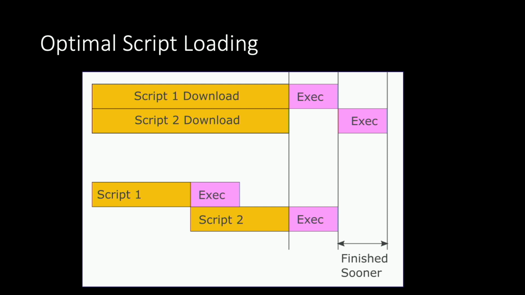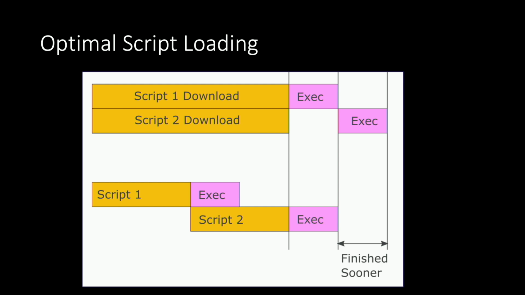And so for scripts in particular, when we're talking about resource loading at least, I'm going to be very opinionated, but there is an optimal way to load your scripts. And that is to load one script at a time in the order the parser is going to hit them, 100% of the bandwidth dedicated to each one of those scripts. Because that way, when you've downloaded the first script, it can start executing while you're downloading the second script.